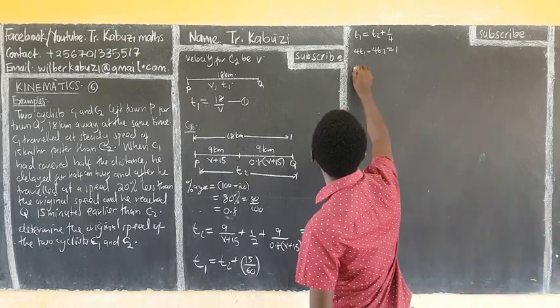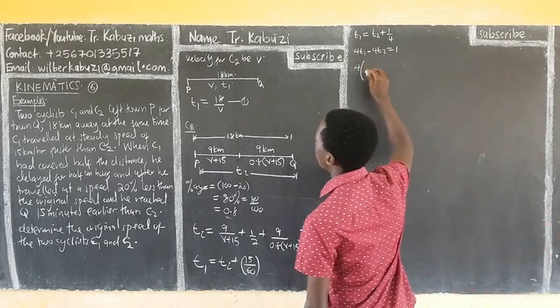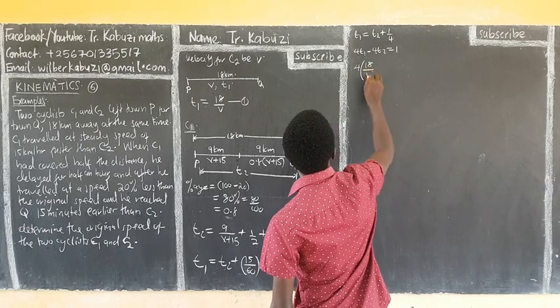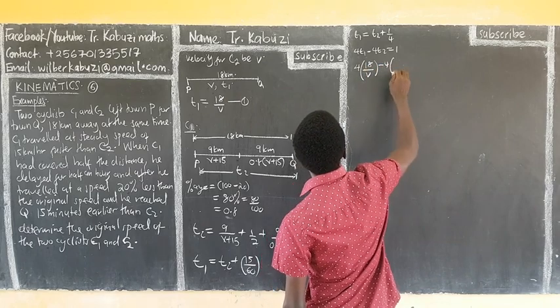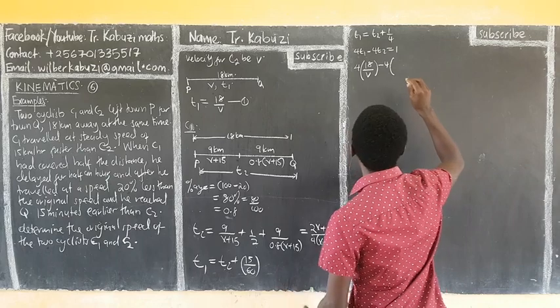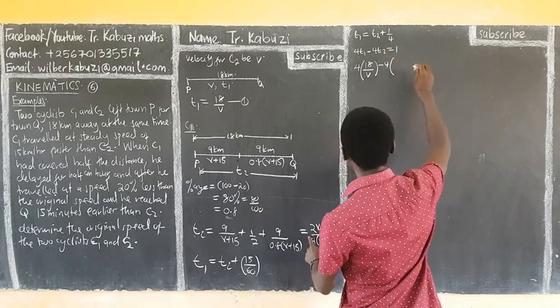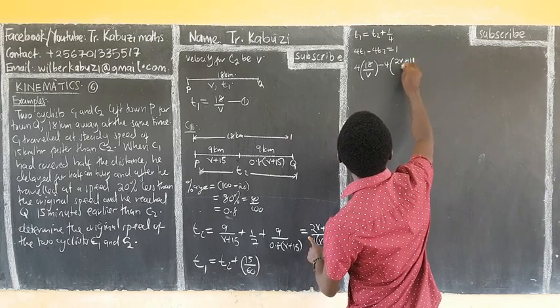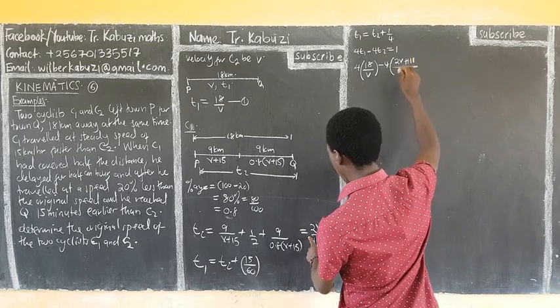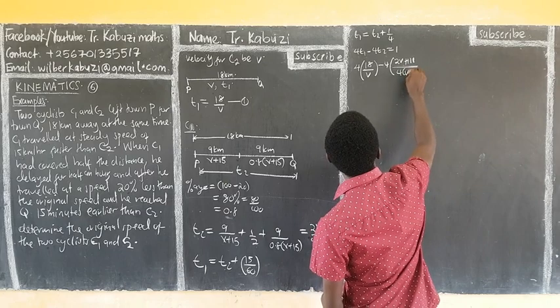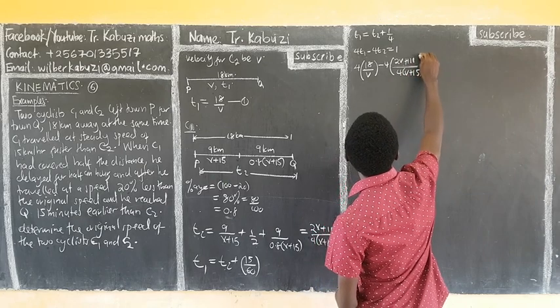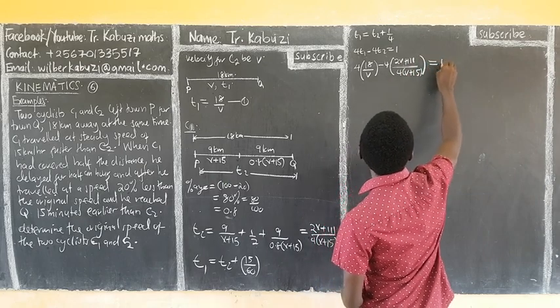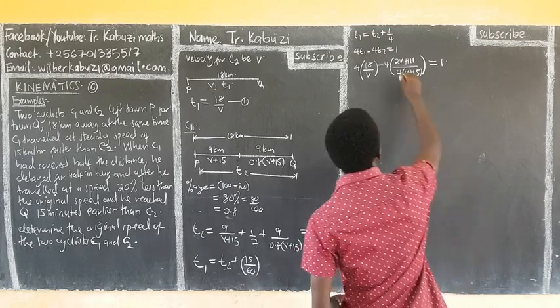We have 4 into T1, which is 18 over b, then minus 4 into T2, which is 2b plus 11, the whole over 4 into b plus 15, close the bracket, equaling 1.